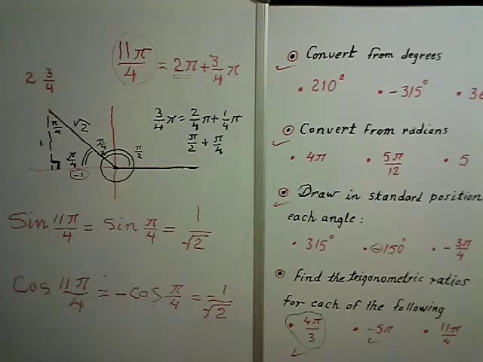And tan 11 pi over 4 is tan pi over 4, and also it is negative.